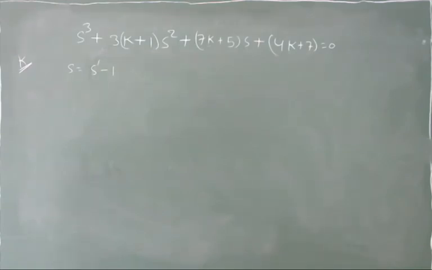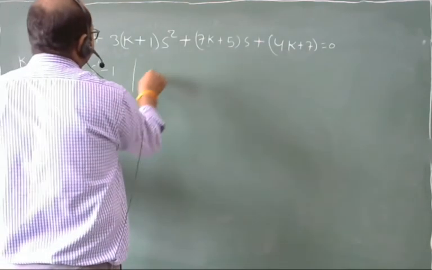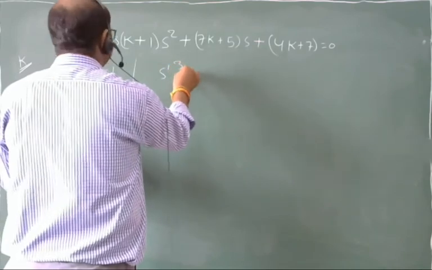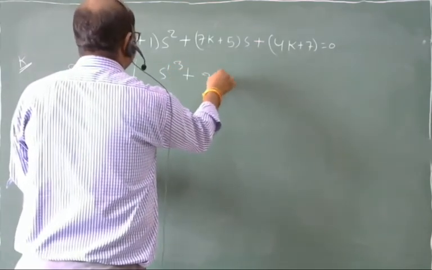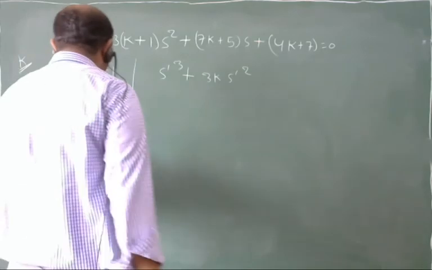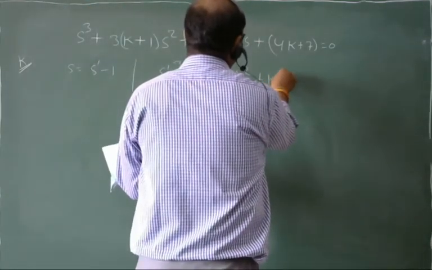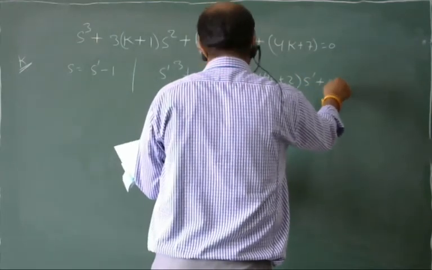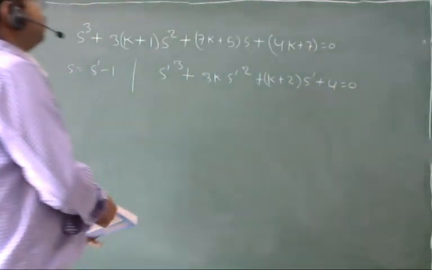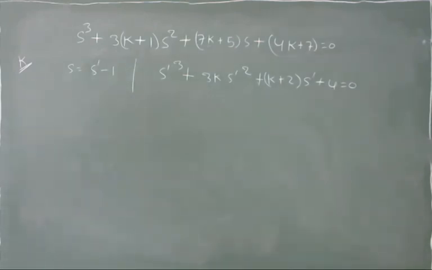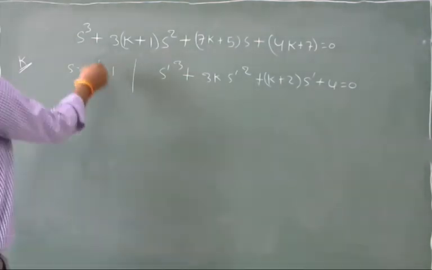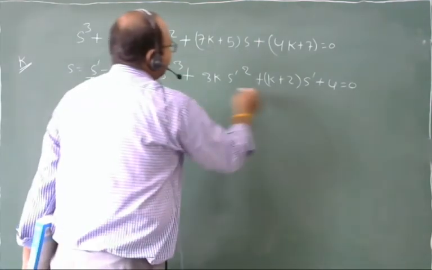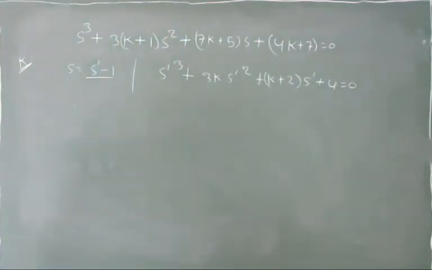And after replacing, we find the equation S' cube plus 3k S' square plus (k plus 2) S' plus 4 is equal to 0. After replacing S as S' minus 1, I find this equation, right?